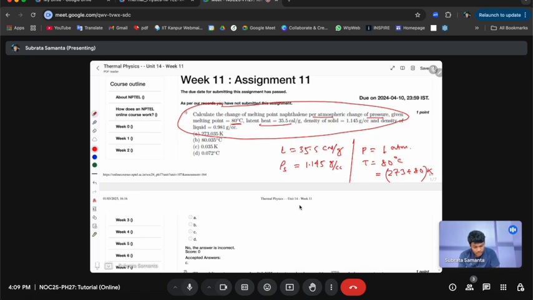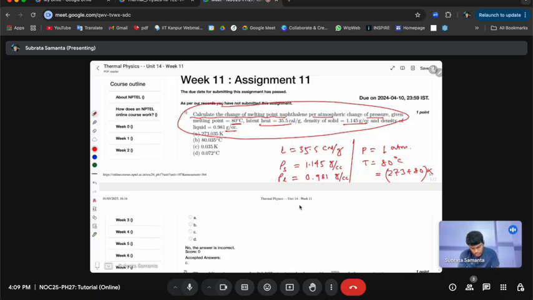And the density of liquid, rho l, is 0.981 gram per cc. So this data are given, and you have to calculate the change of melting point.